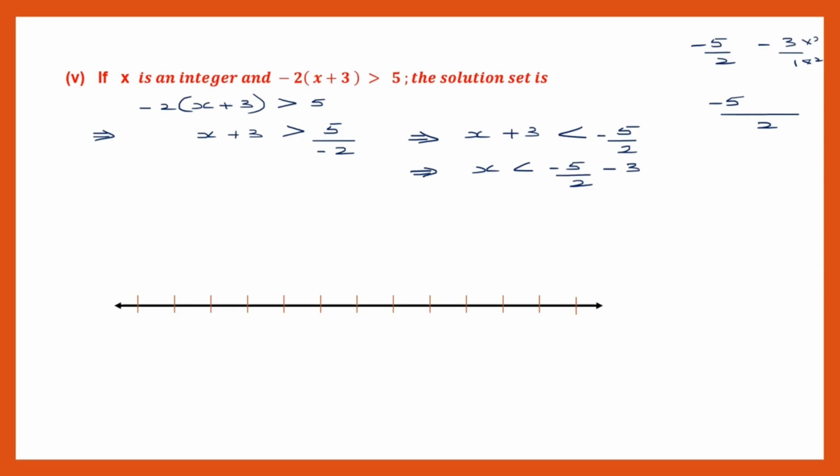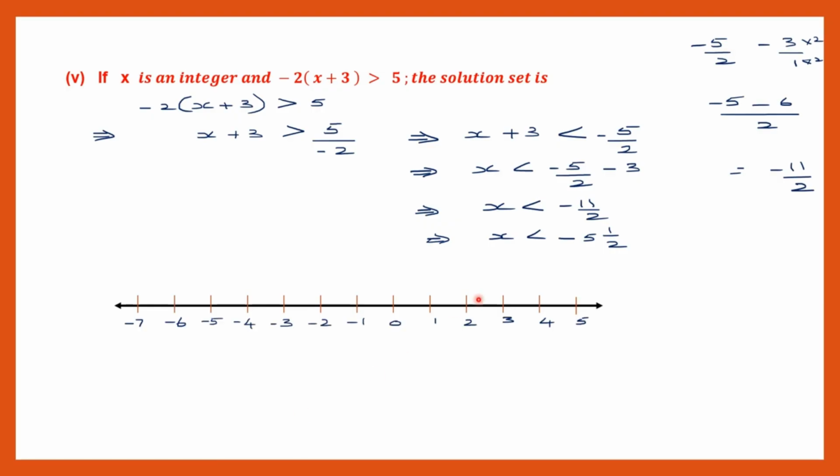So minus 3 into 2 is minus 6. So here what do we have? Minus 11 by 2. So let's continue here. So x is less than minus 11 by 2 or x is less than minus 2, 5s are 10, 1 by 2. X is less than minus 5, 1 by 2.